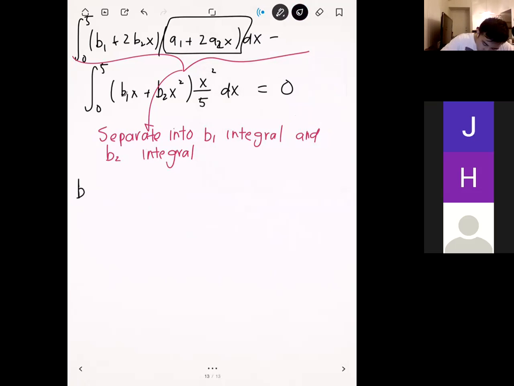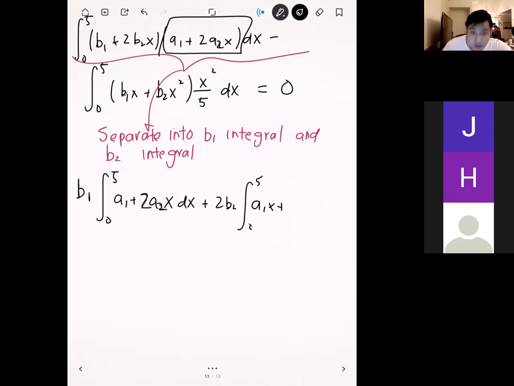What that gives us is b1 times the integral from 0 to 5. Remember, the b's and the a's are just constant coefficients, so if they're by themselves, we can pull them out of the integral. a1 plus 2a2x dx. Plus 2b2 times the integral from 0 to 5 of a1x plus 2a2x squared dx.